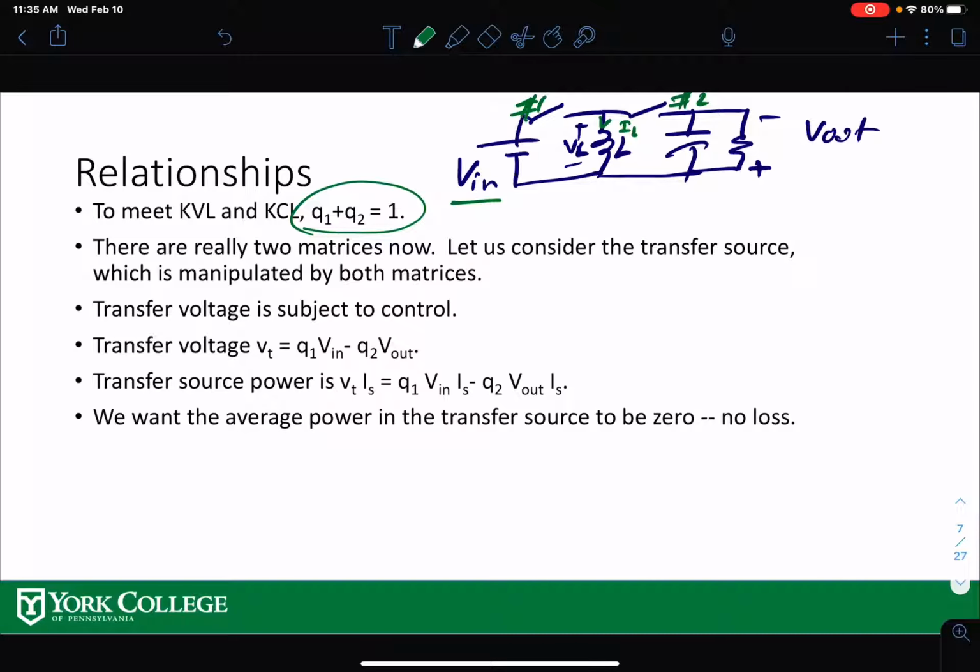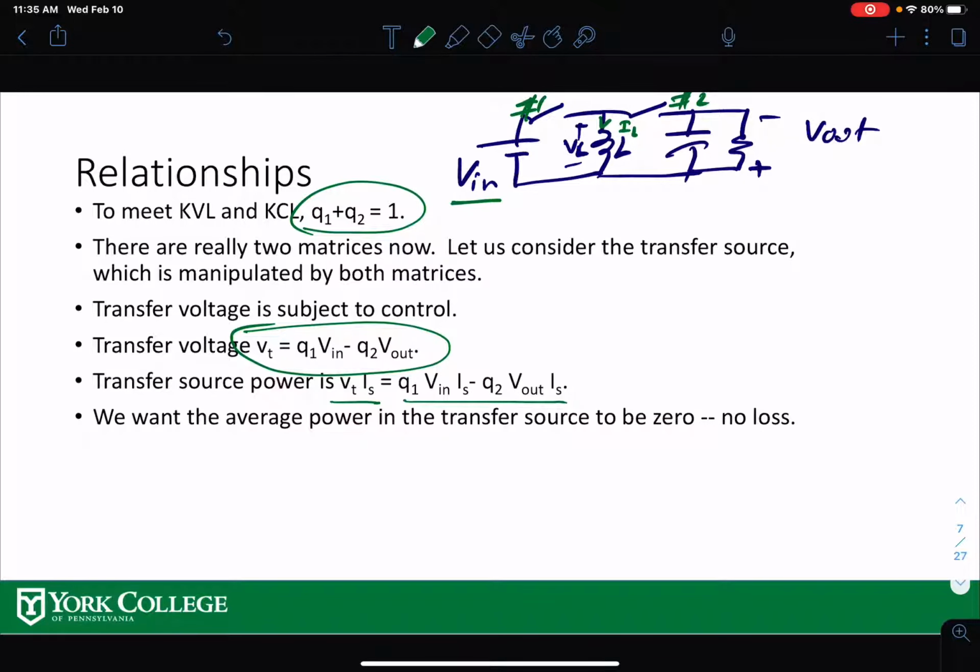When switch 2 is on, the inductor is connected to the output voltage, so it is V out for the time switch 2 is on. Combined, the inductor voltage is Q1 V in minus Q2 V out. If you multiply by the current, the inductor current, you get the power.